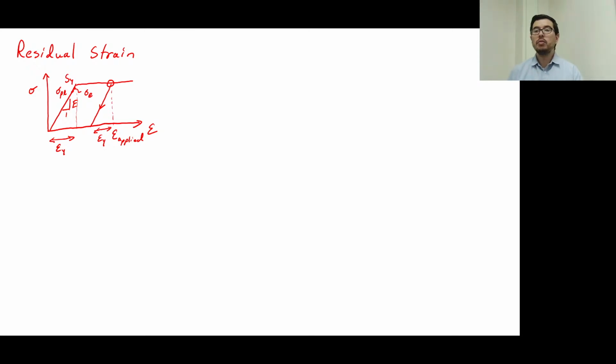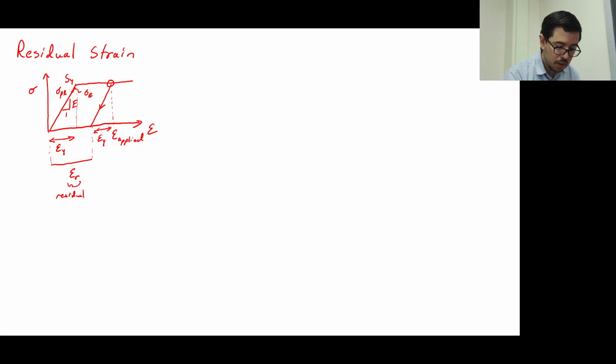Now, what do we think of epsilon residual? Residual, we kind of say it's the leftover. The way we define residual is like that. So epsilon residual, this is the residual. My handwriting is poor, but it's generally legible.